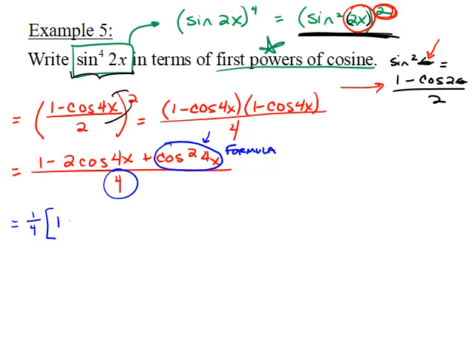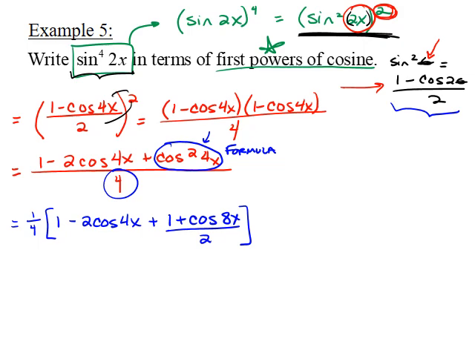So I keep 1 minus 2 cosine of 4x, but I need to apply the formula for this cosine squared of 4x. So applying this formula, be careful of the argument, it becomes 1 plus cosine of 8x all over 2.